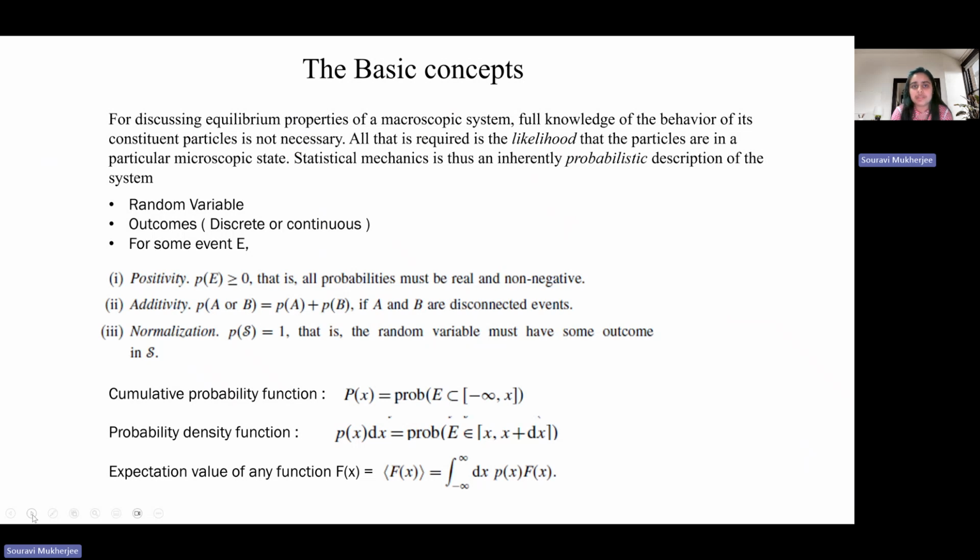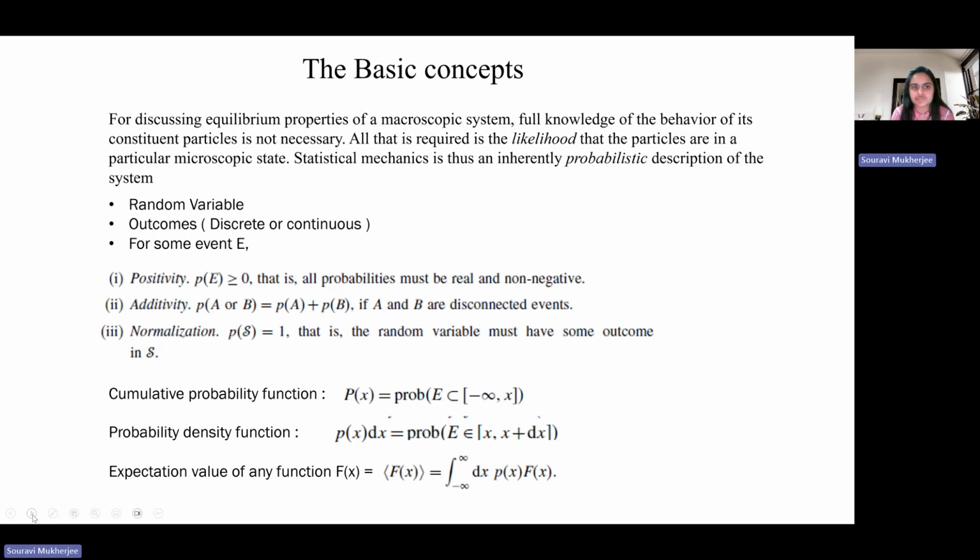So what do I mean by that? If you have multiple microstates corresponding to a certain macrostate, what the description of an individual microstate is, how different they are, is not important. What's more important is the probability of being in a certain microstate, and how it is linked to the overall macrostate.